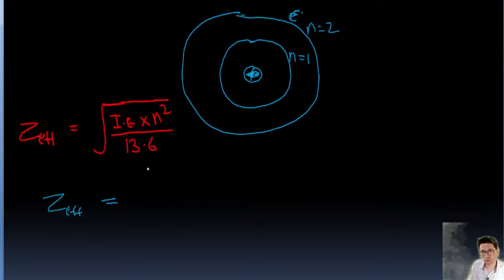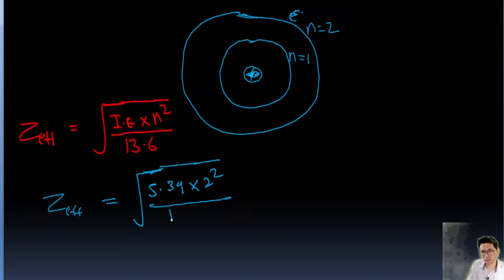Z effective, the effective nuclear charge experienced by the valence electron of Li, is going to be the root of the ionization energy of lithium, that is 5.39, into n square, where the outermost electron of Li is in the n equal to 2 level, so 2 square, upon 13.6, the ionization energy of hydrogen.